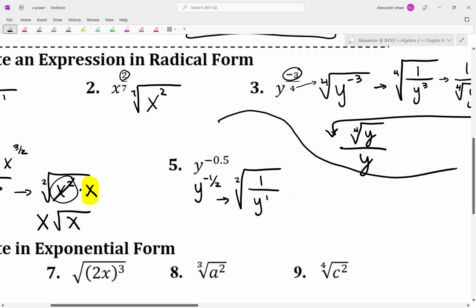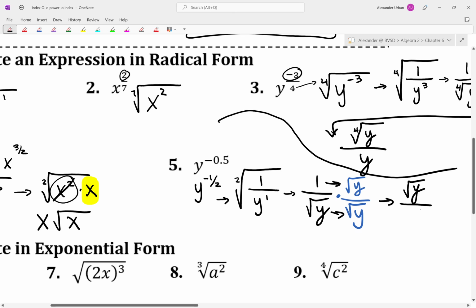And this is going to simplify to the square root of 1, which is 1 over the square root of y. This one should be a little simpler to rationalize because the square root of y times the square root of y is just going to be y. So I end up with multiplying straight across on my fractions, square root of y over a single y. Beautiful. Okay, this is the simplified form for number 5.